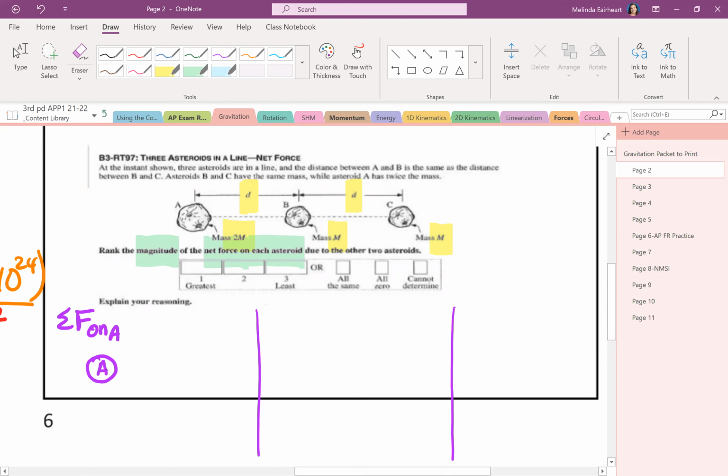So if we just look at A and B, that's an attractive force. But what direction is that force on A? A is getting pulled to the right. And so there's a rightward force on A due to B. Now, I just randomly assigned a magnitude. We actually should talk about how it's twice as massive, right?